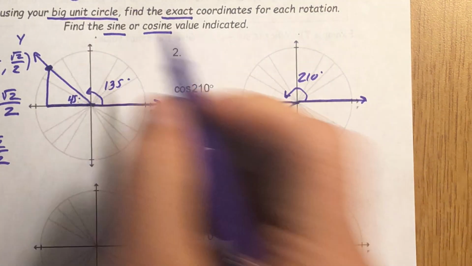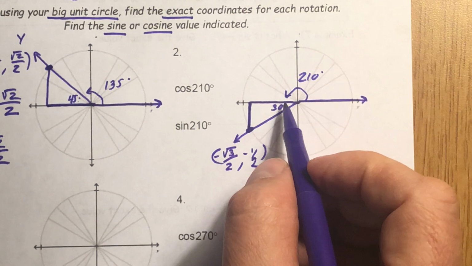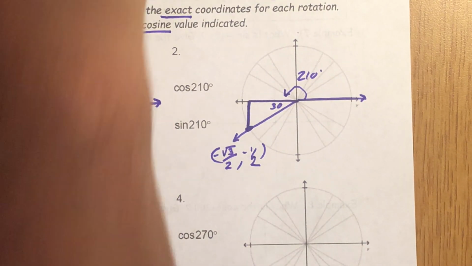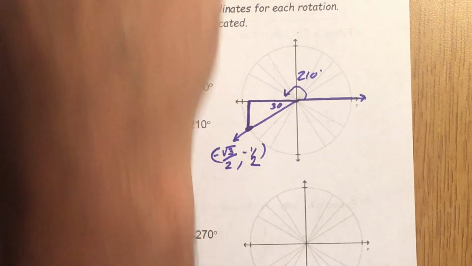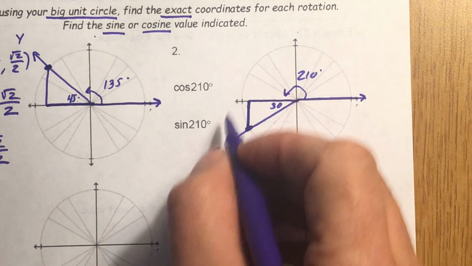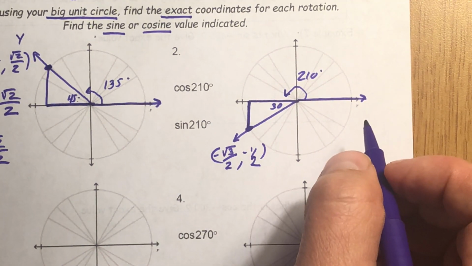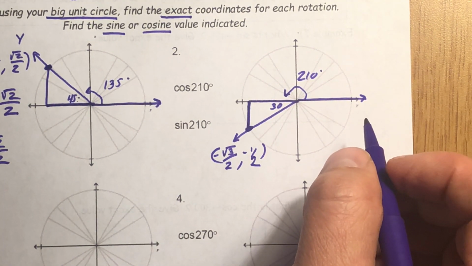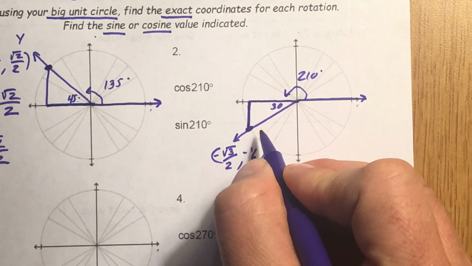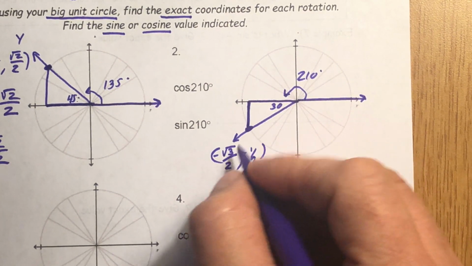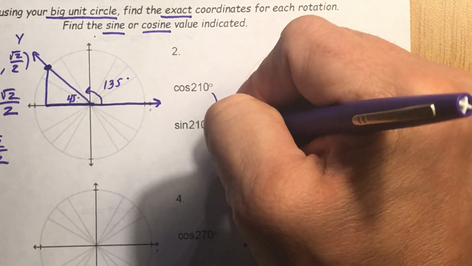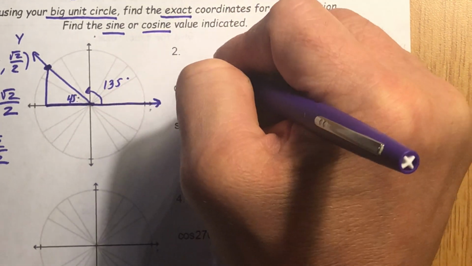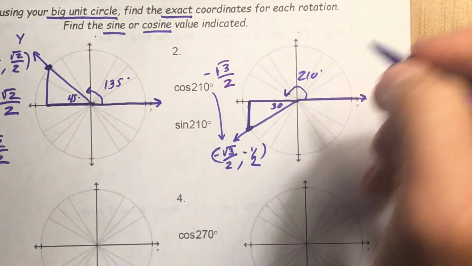And you guys, it says without your unit circle, but if you're having trouble, use that big unit circle, this one right here, and find those values just to help you refresh your memory. Okay, but they're both negative because they're in this quadrant. Now, the cosine, again, cosine is the x coordinate, right? So it's this negative root 3 over 2.